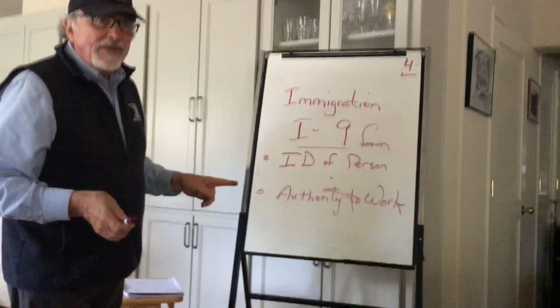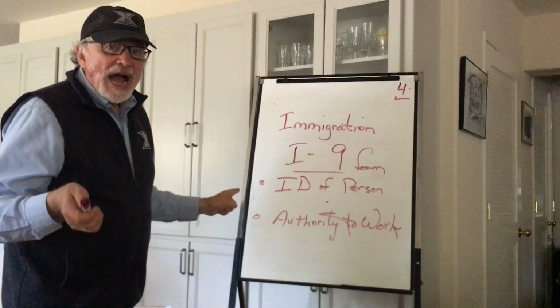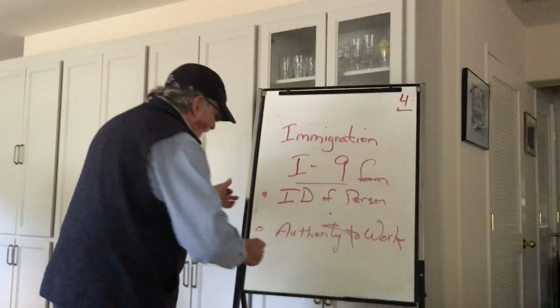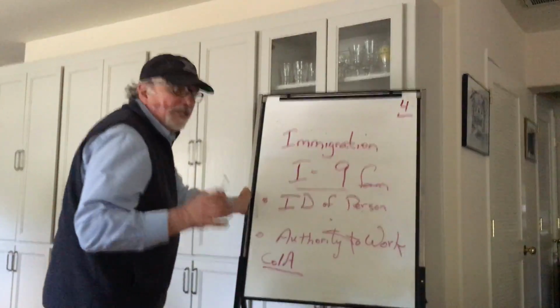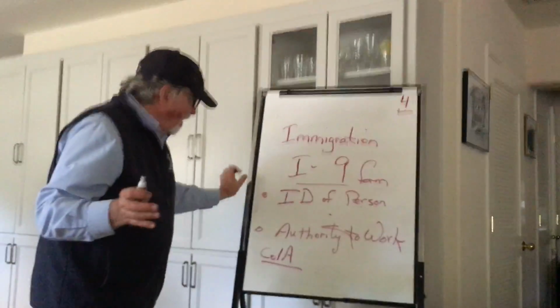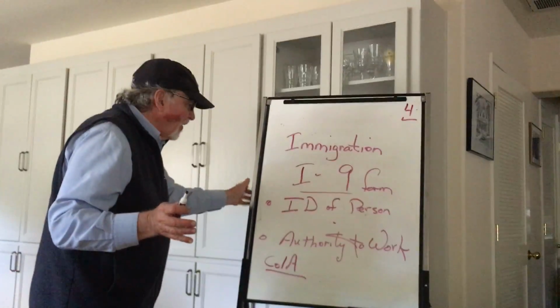On the I-9 form, there are 3 columns. There's column A, which you can use to establish both identity and authority to work.